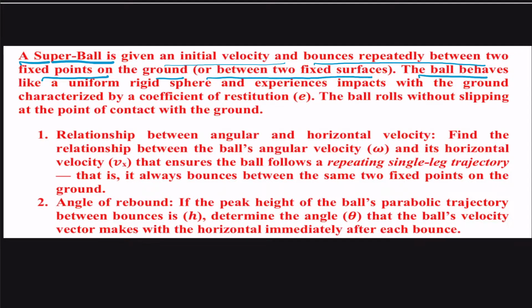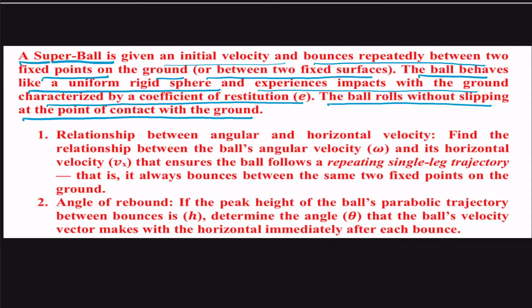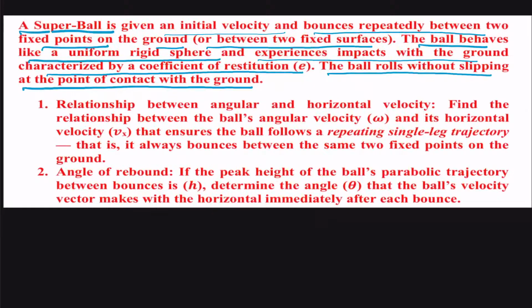The ball behaves like a uniform rigid sphere and experiences impact with the ground characterized by a coefficient of restitution e. The ball rolls without slipping at the point of contact to the ground. So based on this, we are having two questions.